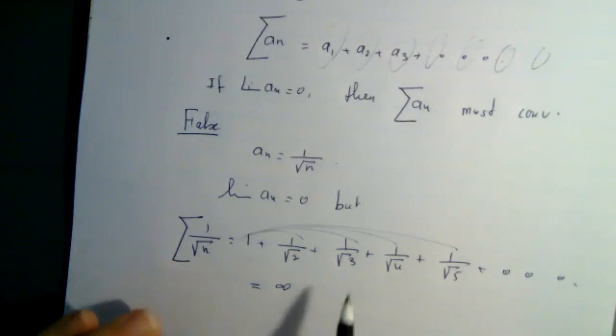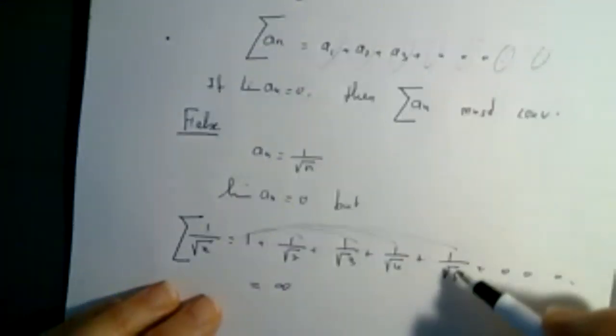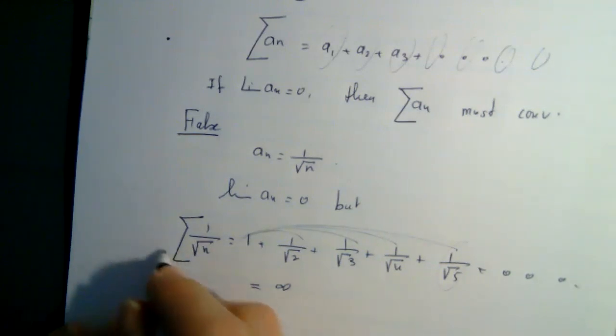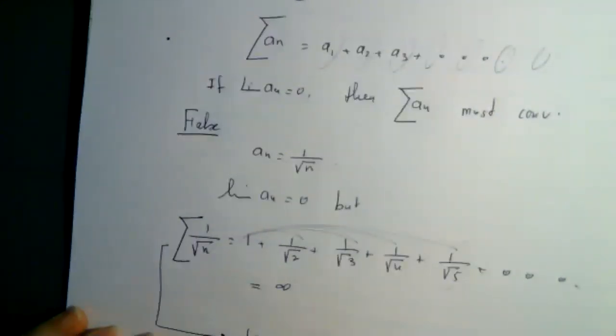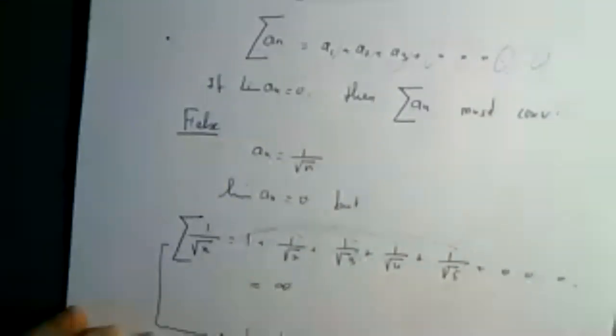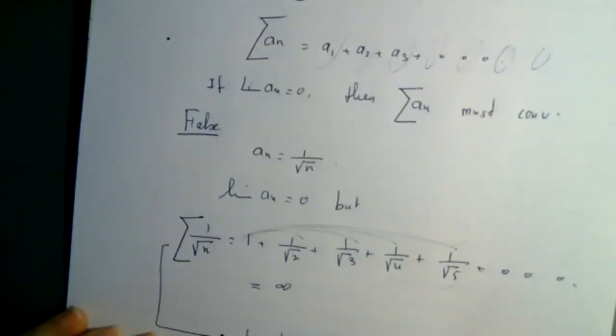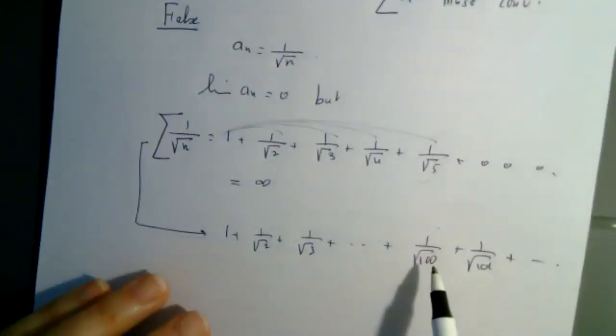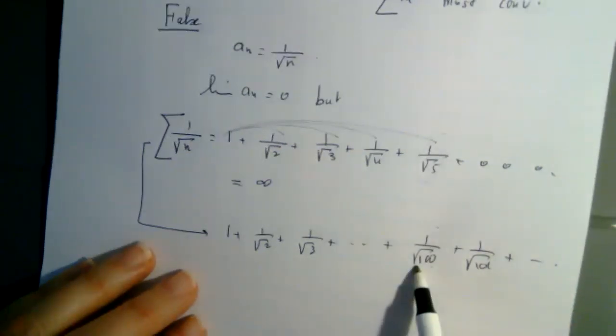As I said once before, a lot of students told me it will converge because the terms are becoming very small. Some students said, okay, if I add plus 1 over 101 plus so on, those terms are small, so you're adding something very small, you get small. Basically, this is not true, and that's the difficulty of the subject.